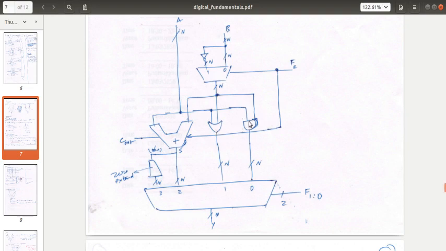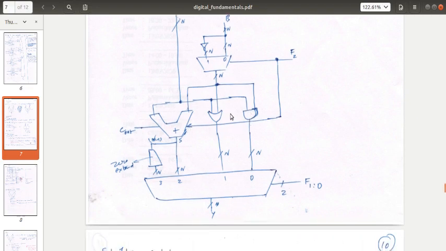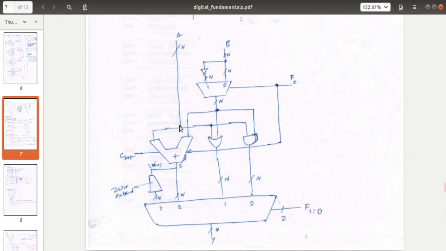What about this one? A and B, also A and B bar. Here we are taking F2 directly as the carry input, so that A comes here, B bar, that is the 1's complement of B, comes here, and 1 comes here. So this will be the 2's complement, like that.